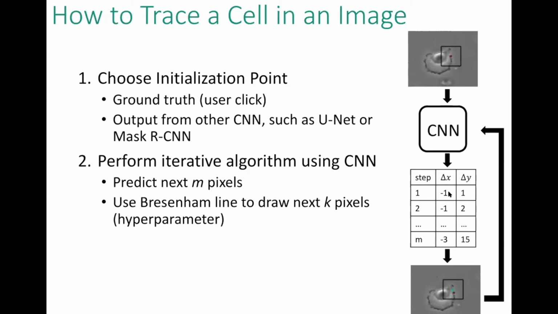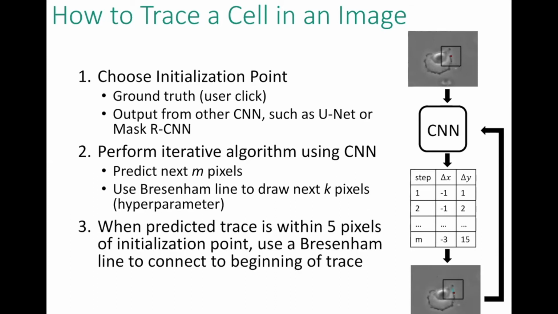So it's an iterative method where the next M pixels are always predicted. And then when we get all the way back toward where we started, we use a Bresenham line to connect to the beginning of the trace. And we give this kind of buffer zone in case our initialization point wasn't quite on the boundary of the cell. When it gets close, we just close the trace.